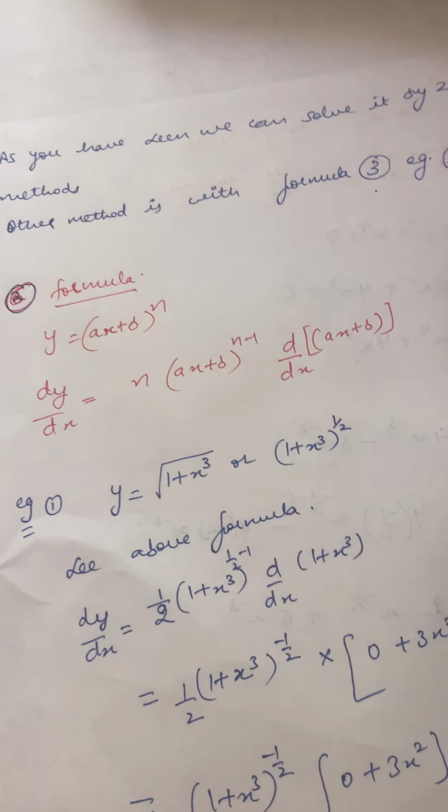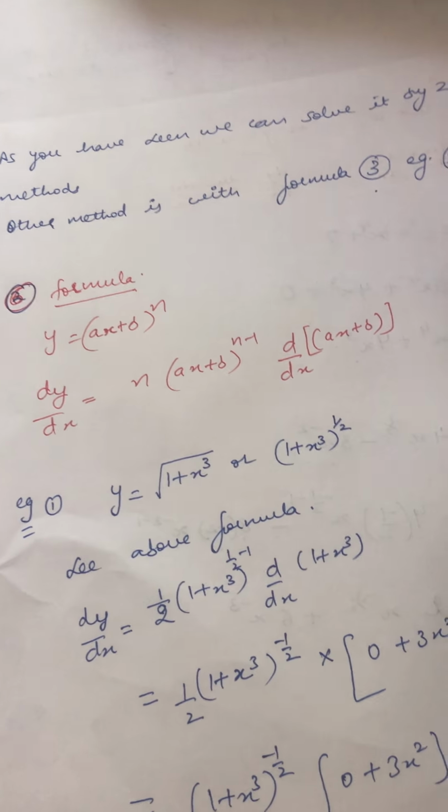According to this, first of all consider this whole function as one single function. So for any function raised to power n, how to solve its derivative? n will come forward and the derivative is n times (ax plus b) raised to power n minus 1. Whatever quantity is here, the power will come forward and then 1 is subtracted from the power.